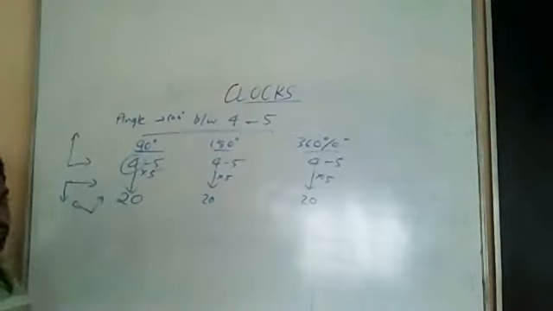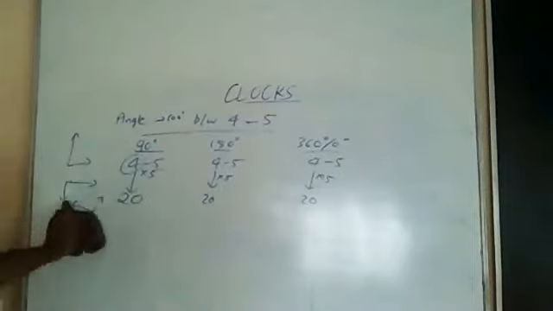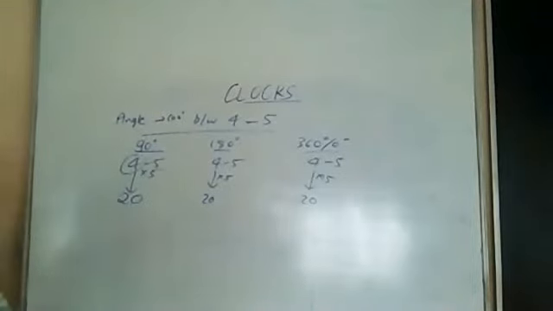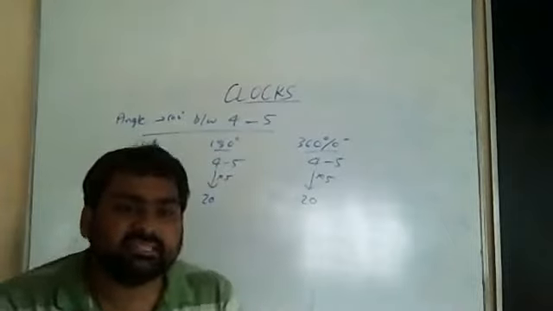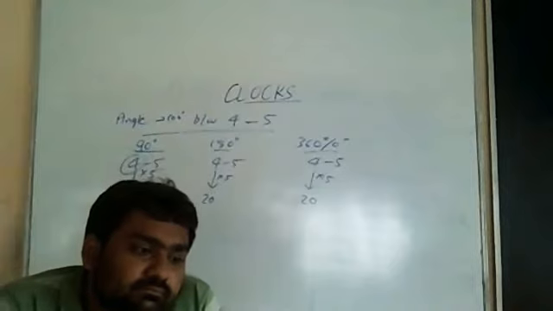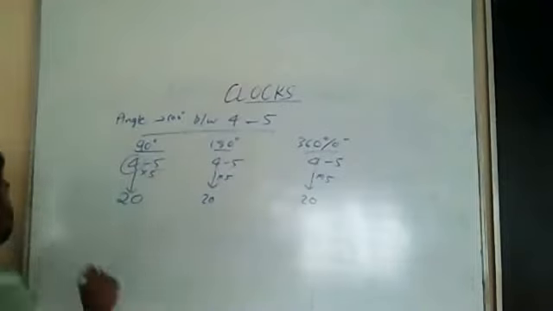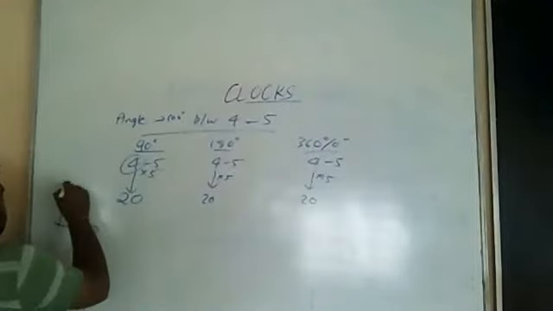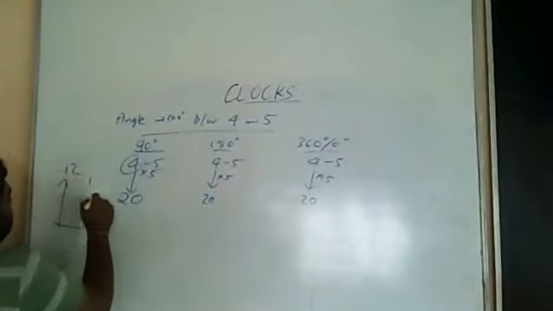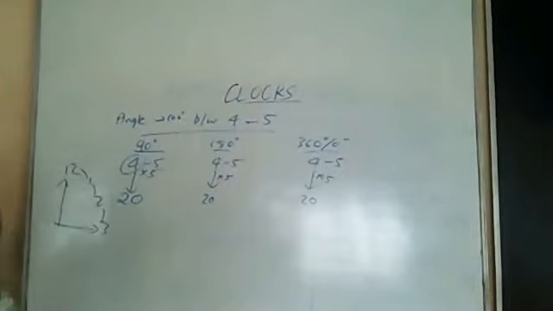Every time, if the angle is 90 degrees, how many minutes are there between the two hands? 15 minutes, no? Say if it is 3 o'clock, it is like this. This is 12, this is 3. 1, 2. Here, 5 minutes, 5 minutes, 5 minutes, correct? 15 minutes, no?